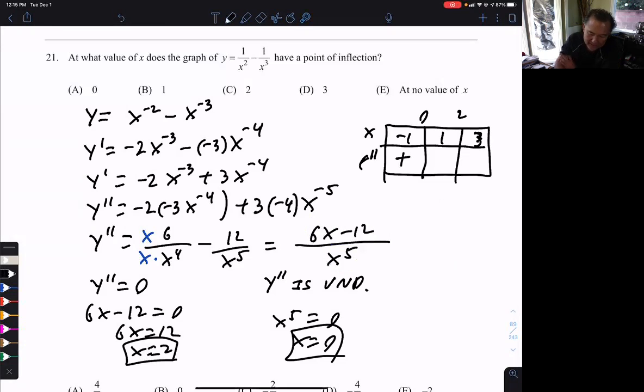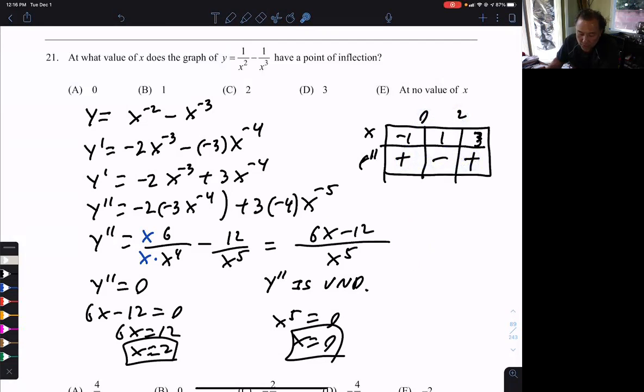A negative and positive make a negative. And then let's plug in 3. 18 minus 12 is positive, and 3 to the 5th is positive, and 2 positives make a positive. Therefore, I have 2 inflection points, at 0 and at 2, because the second derivative changes signs at those 2 points.